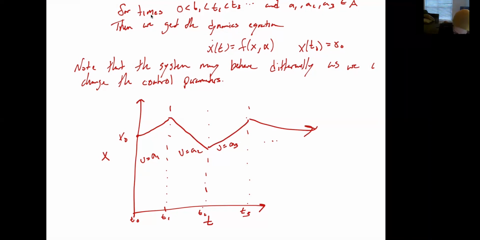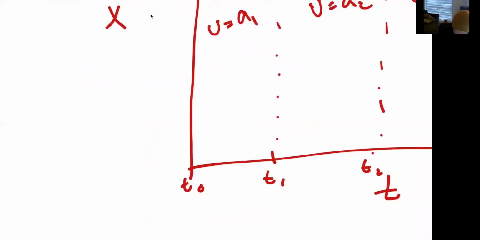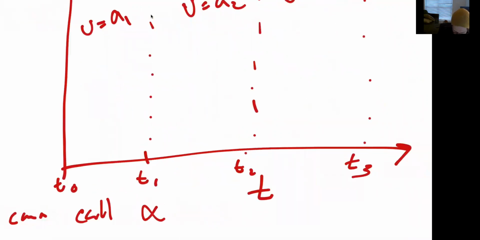So we can call alpha a control. But note that it's an open loop control, right? We're not using our state to feed back into our system. We're just applying an input and expecting our system to behave as we intended.